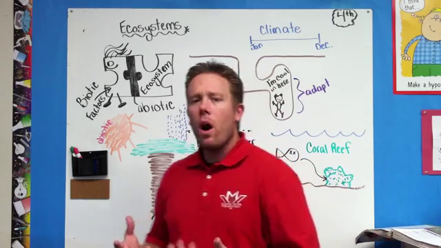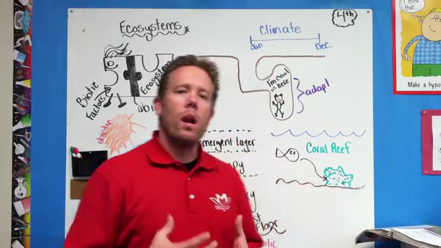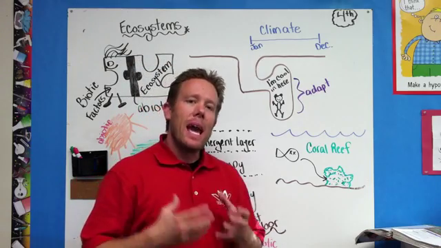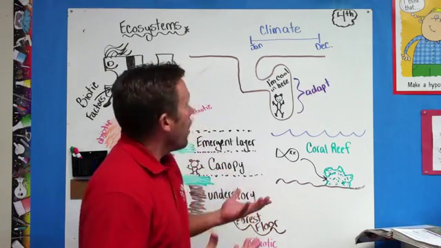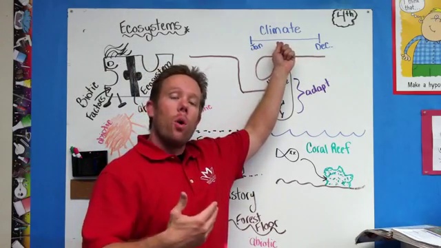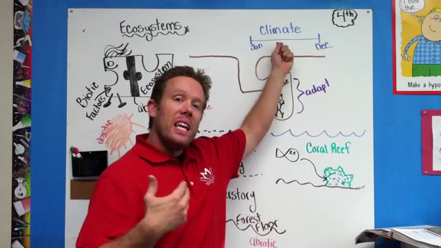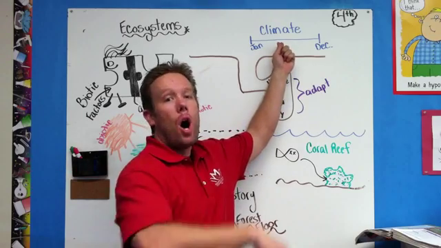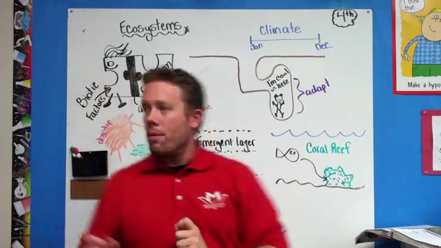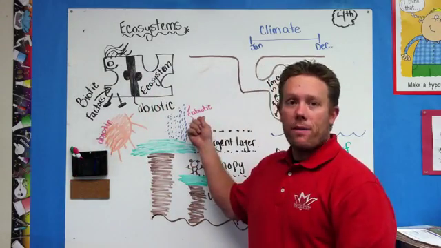All right? Now, in a real ecosystem, what are some of the things that make up these non-living abiotic factors? Well, you have climate, which is the weather or the temperature in any given area over a long period of time. You have rainfall, which is an abiotic factor.